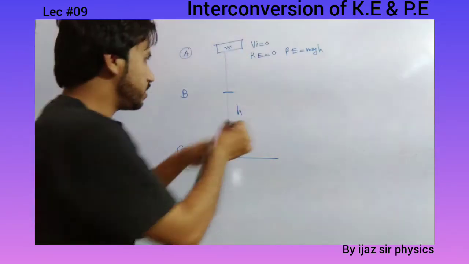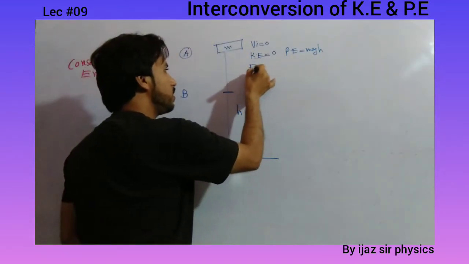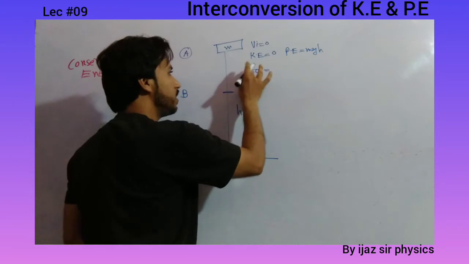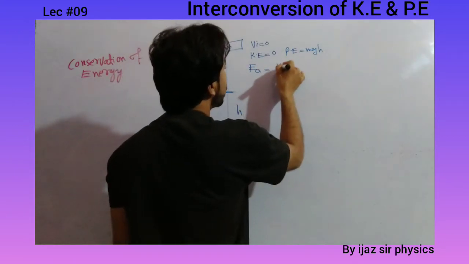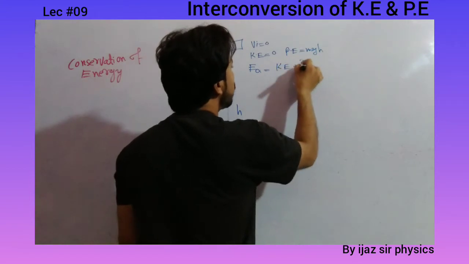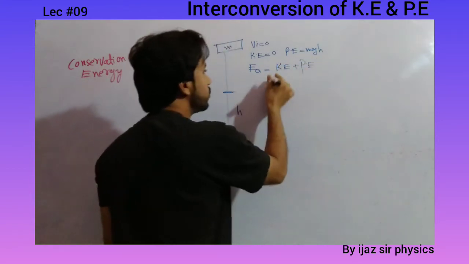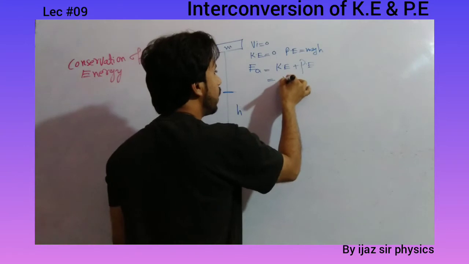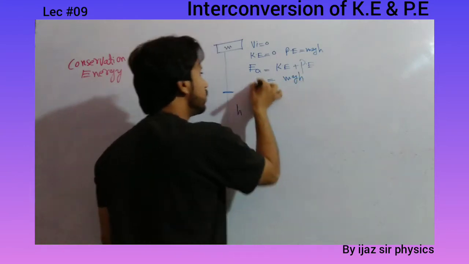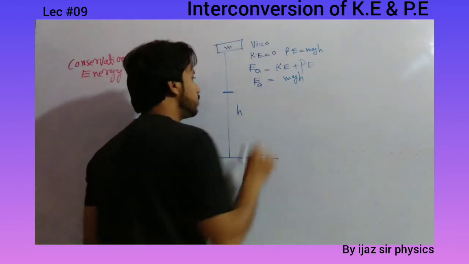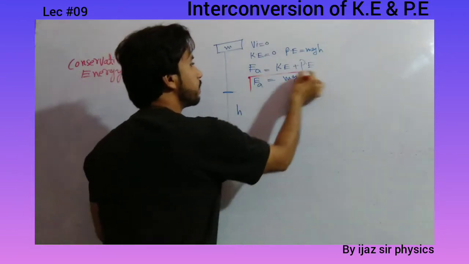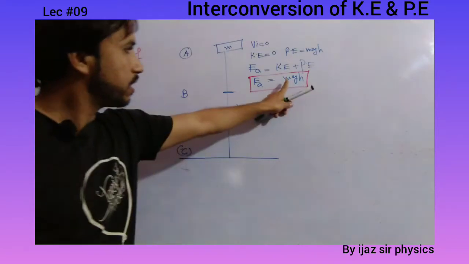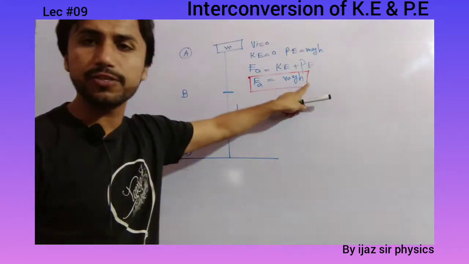Total energy, I will write as E with subscript A, is kinetic energy plus potential energy, but kinetic energy is 0, so it is mgh. This is the energy at point A. See clearly, this is equal to mgh.